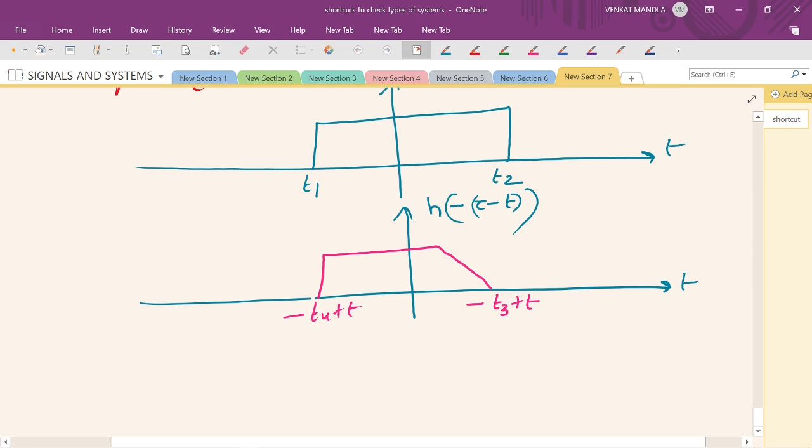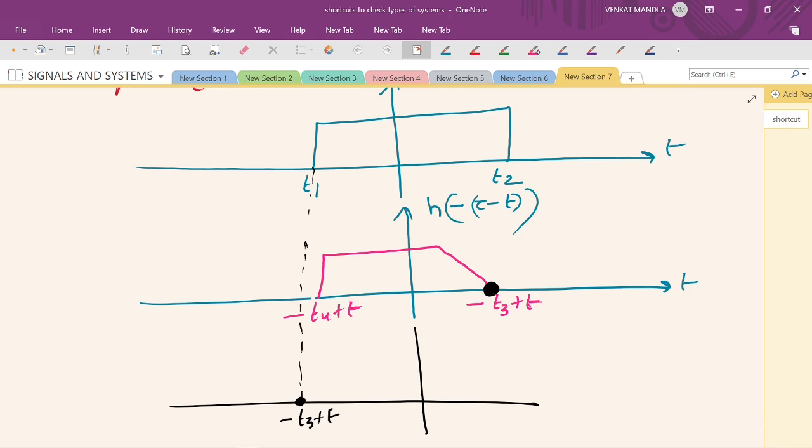Suppose this small t, this point, is let us say t1. If this point exists here, that is minus t3 plus t, then how will the signal be?